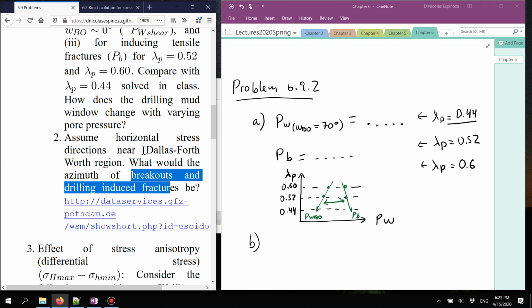So what you should do is to use the maps of the stress in order to figure out in which direction you have SH max. Here we're dealing with a vertical wellbore, and according to that direction of SH max, you should tell me in which direction you expect to have the breakouts and tensile-induced fractures.